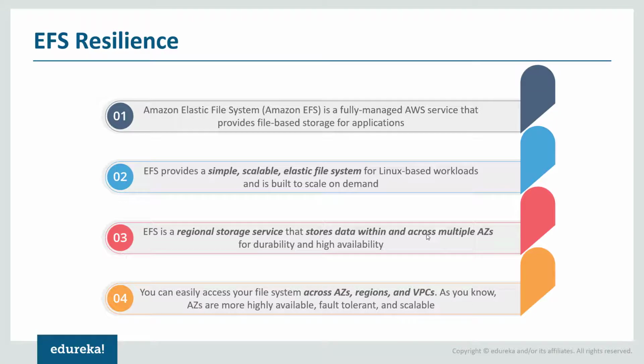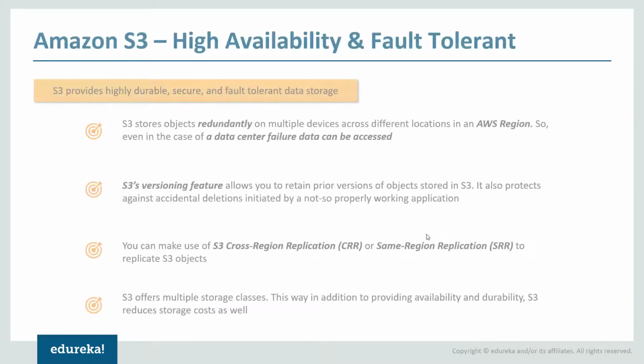The other important service in AWS is Amazon S3. As you know, Amazon S3 is redundant across multiple geographic locations. In case of a data center failure, you can replicate an entire S3 bucket onto a different region.